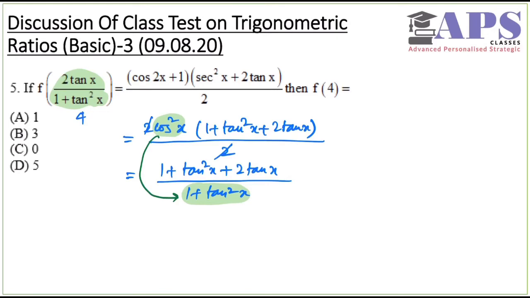Okay, now if I simplify it further, it will be 1 plus 2 tan x divided by 1 plus tan square x. So now if I see inside the f, whatever is there, the same thing is there here. Okay, so this is also 4. So f4 equal to 1 plus 4, which is 5. So option D is correct.